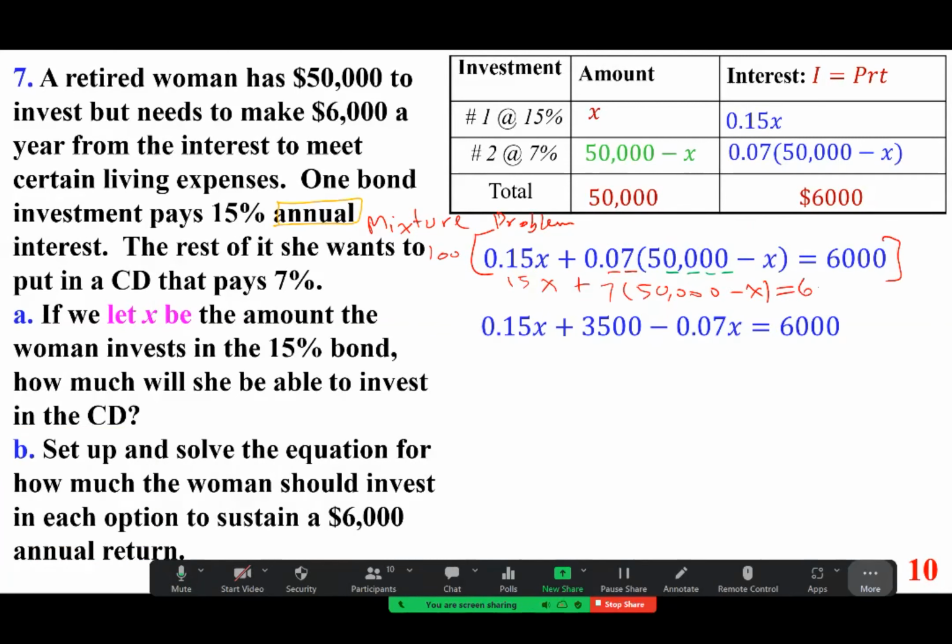And the right side, 6,000. Now I'm going to add 2 zeros, because I'm multiplying by 100, which means 600,000. That's the meaning. Anyways, let's combine these two. 0.15 minus 0.07 gives us 0.08x.